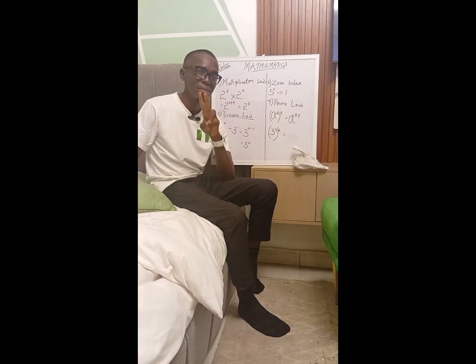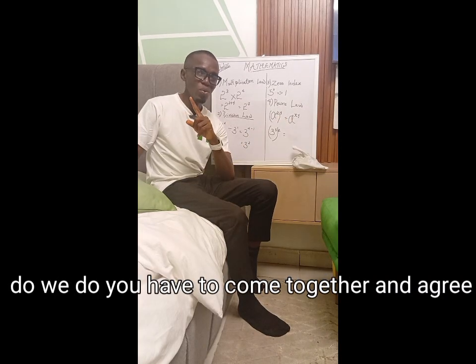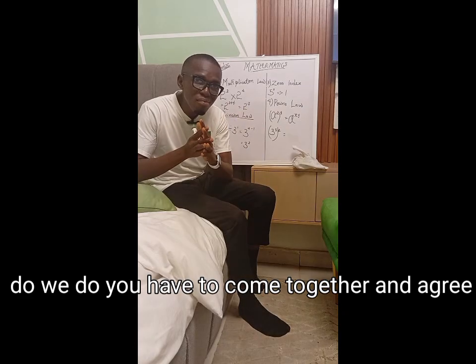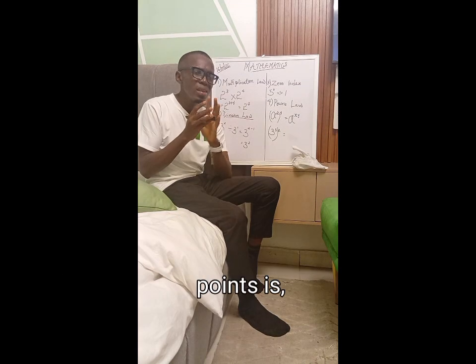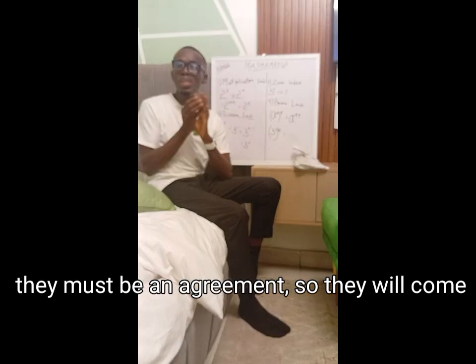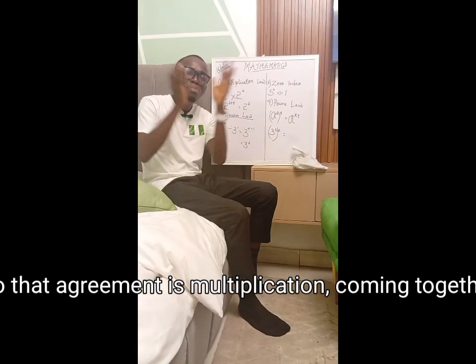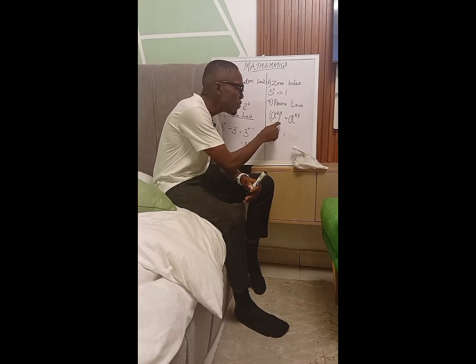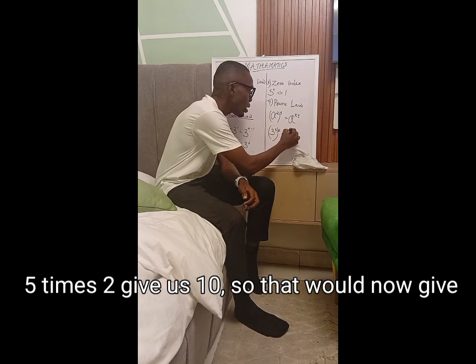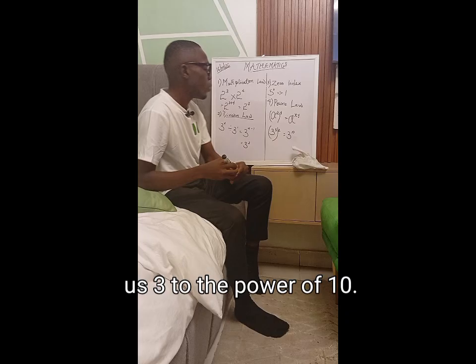We can't be having two commanders. As a result of that, we will have to come together and agree. One will have to lead the other. But the point is, in math, there should be an agreement. So that agreement is multiplication, coming together. 5 times 2 gives us 10. So that will now give us 3 to the power of 10.